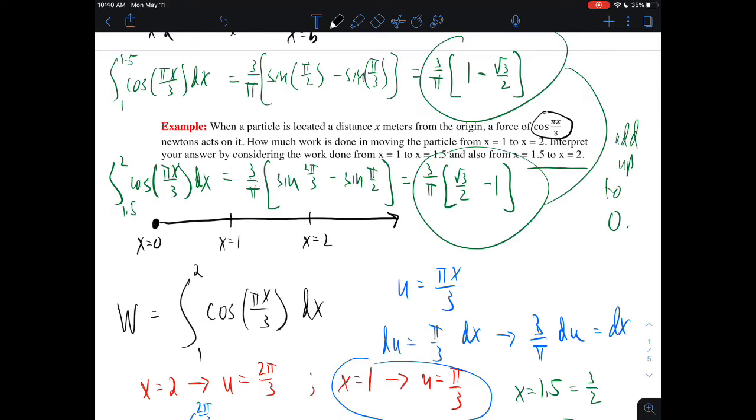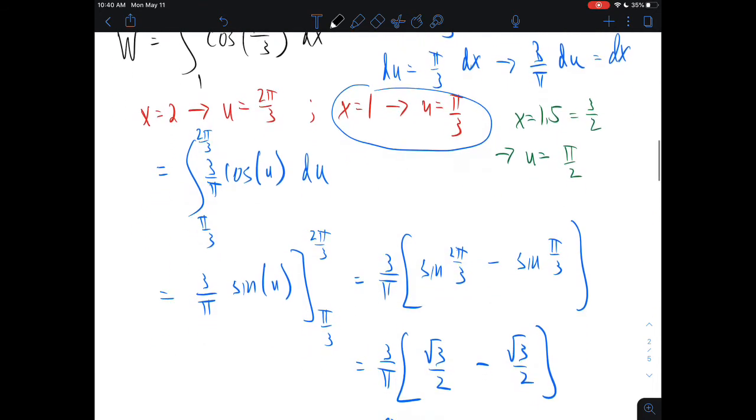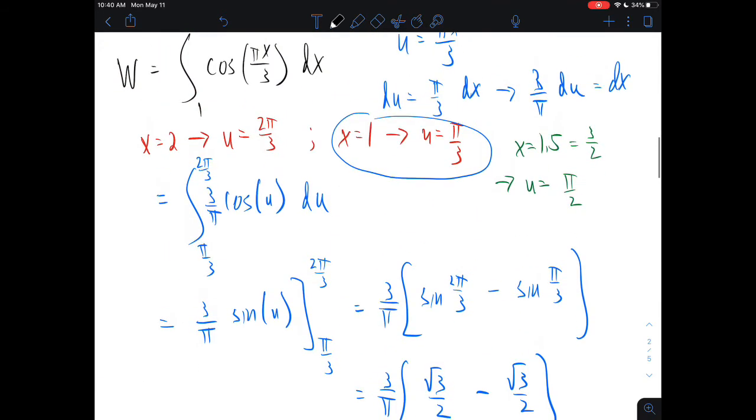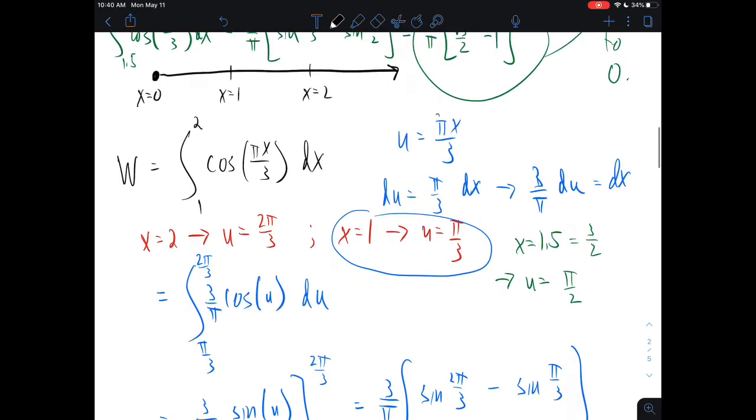A little note on this problem that relates to just the substitution step. This helps with trigonometric functions. So if you have the indefinite integral of cosine of some constant times x dx, what we got from this example, we had that constant was pi over 3.